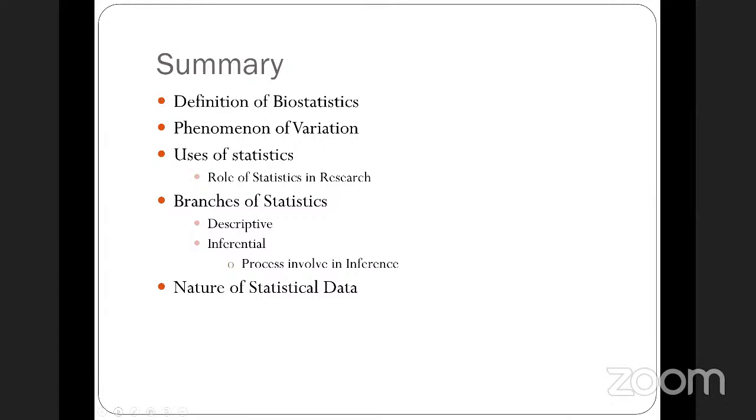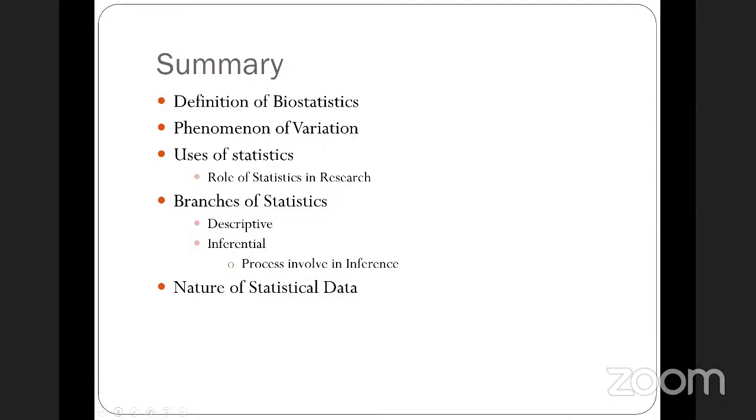As to the nature of statistical data, we have qualitative and quantitative data. Qualitative data would be nominal or ordinal. Quantitative data would be discrete and continuous. Okay, know how to distinguish and identify what type of data one example falls under.